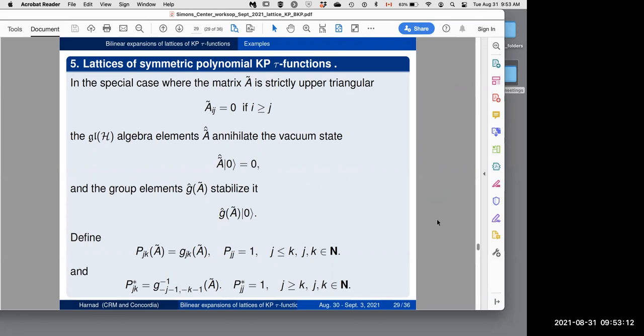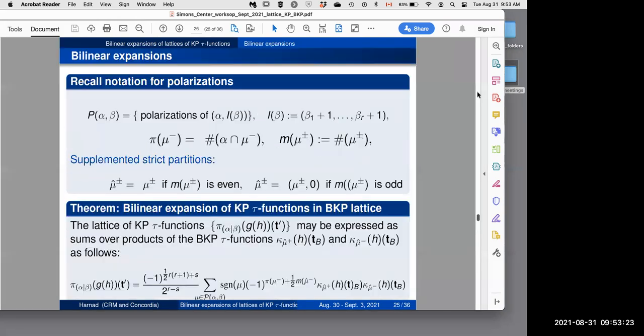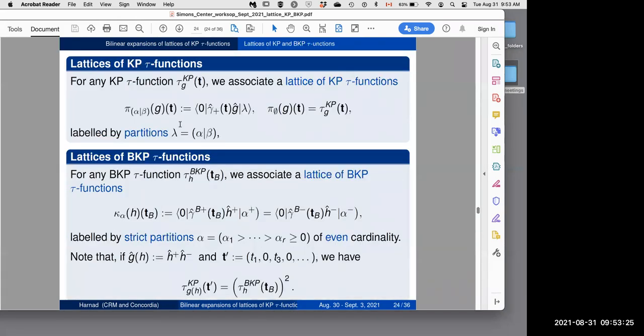I'm not going to go through the details, but I'll just remind you what the previous fermionic representations are of these two classes of lattices of tau functions: here's one of them for the KP, and here's the other one for the BKP.